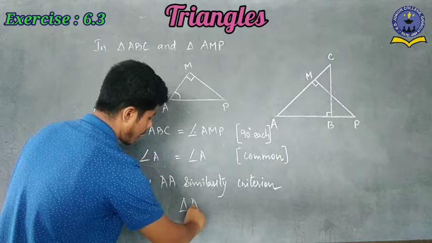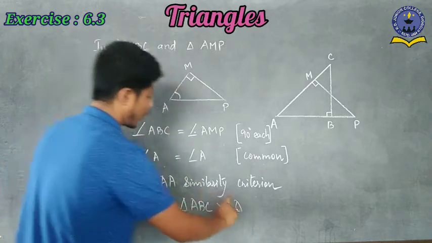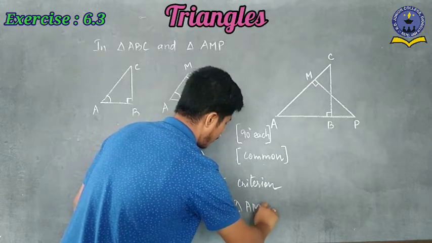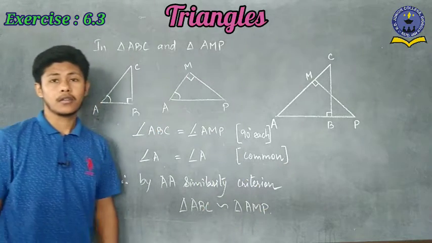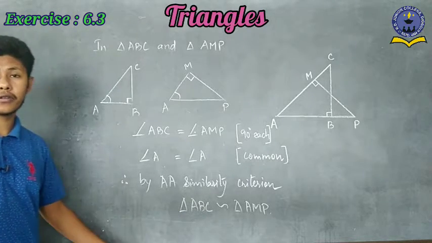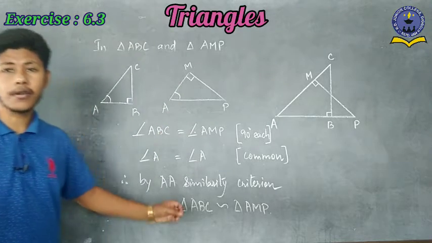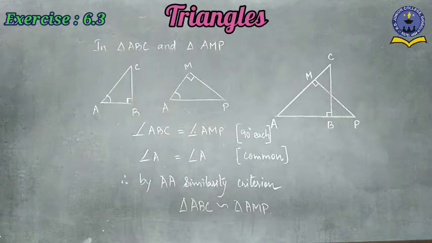So we write triangle ABC is similar to triangle AMP. This is our first proof. I think all of you understood this one.